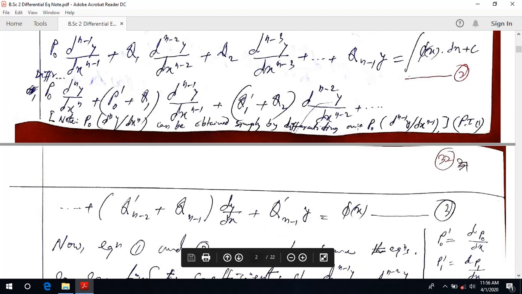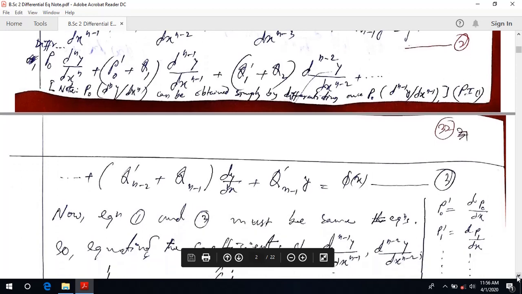Finally, you will get this equation, plus and so on, equals phi(x), which is equation 3. So this is equation number 3.